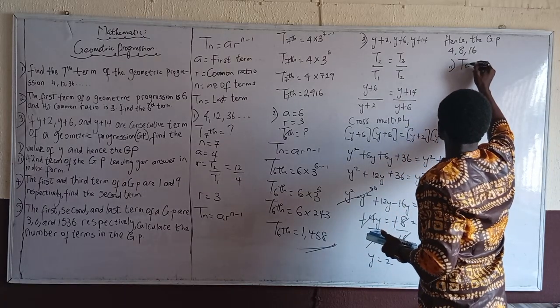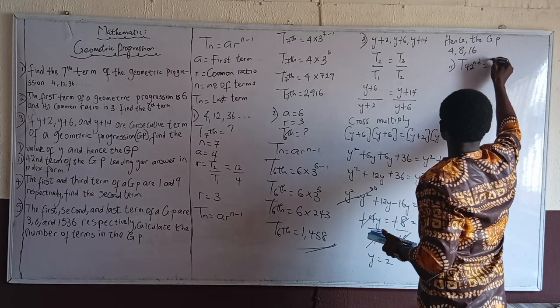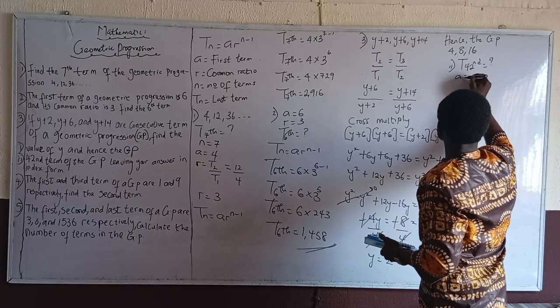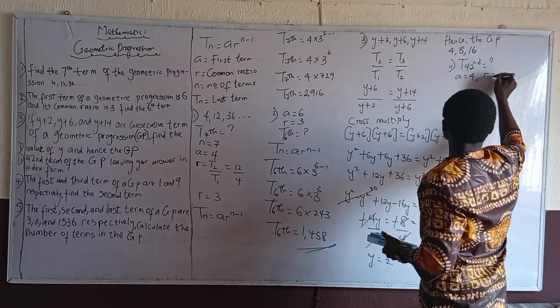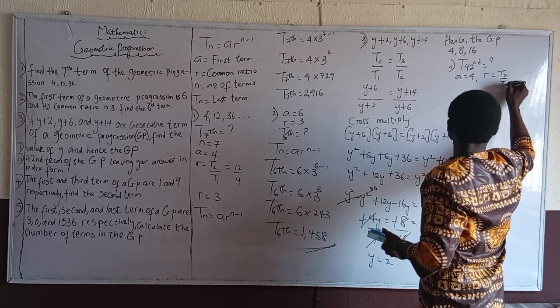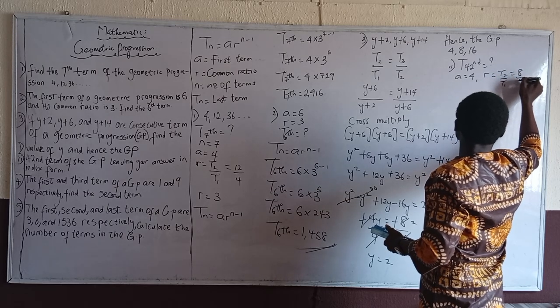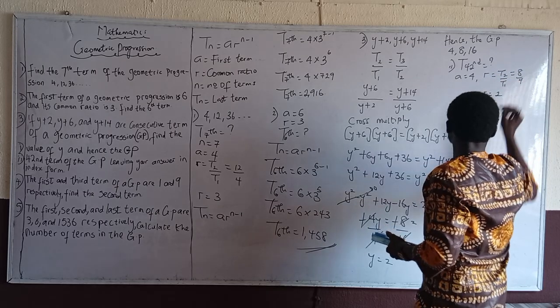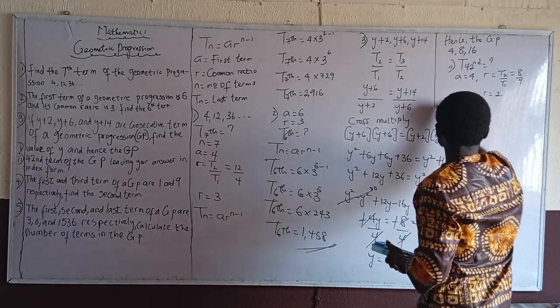I'm looking for T42. Now, my A is 4. My common ratio R is T2 divided by T1. That is 8 divided by 4. R becomes 2.